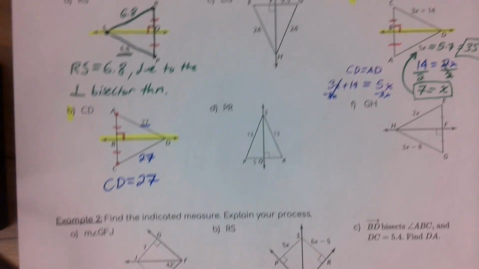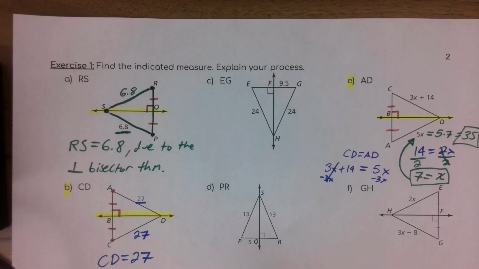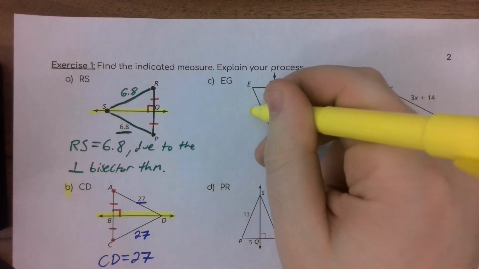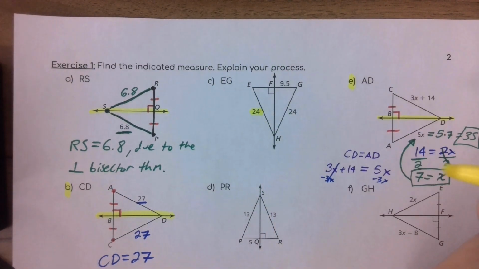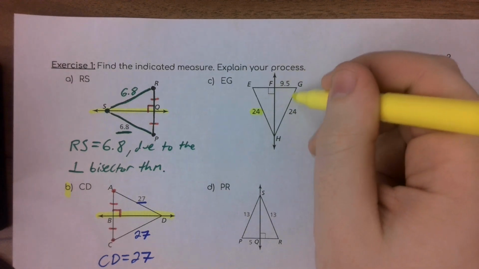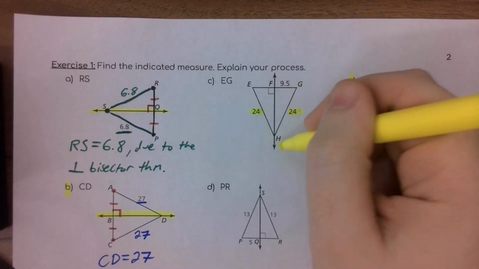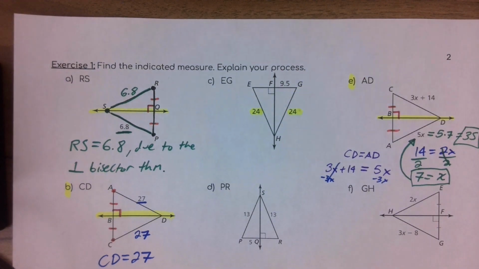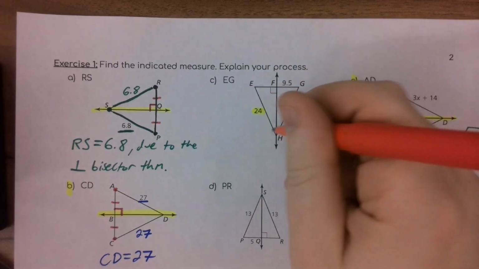If we take a look at problem C, we're expected to find the length of EG. Well, what do we know? What are we given? We know that this length here from E to H is 24, and this length from G to H is 24. So what does that tell us about point H?